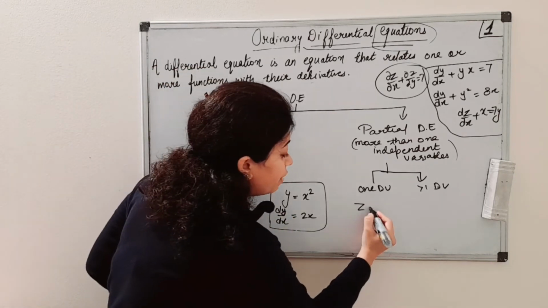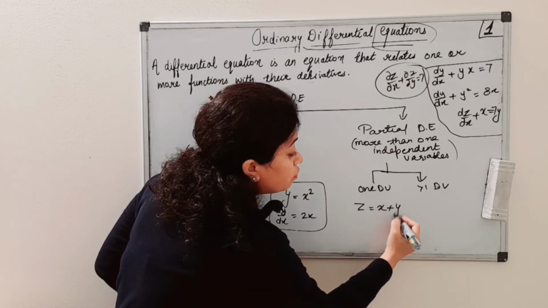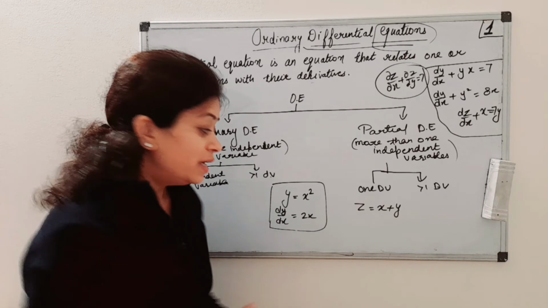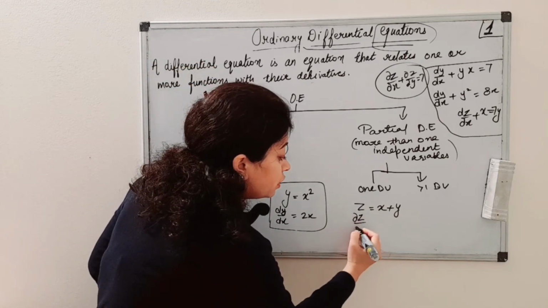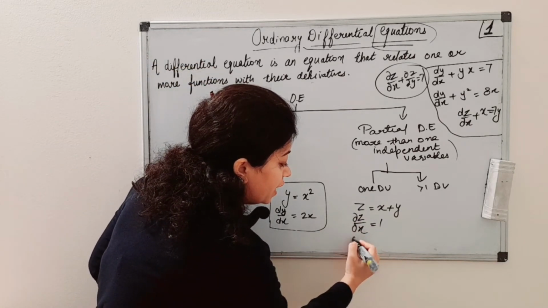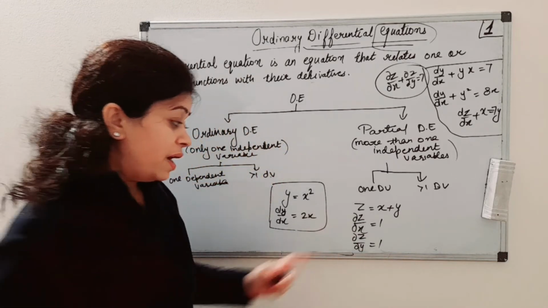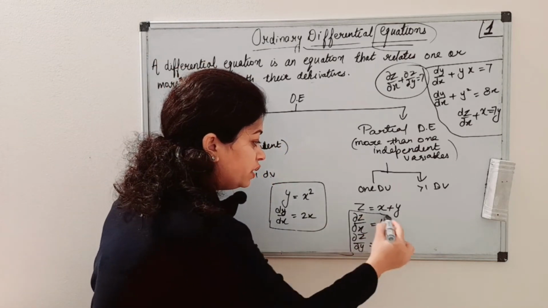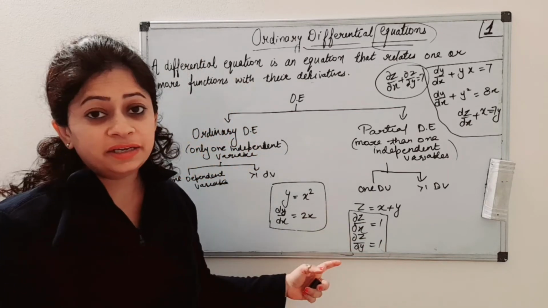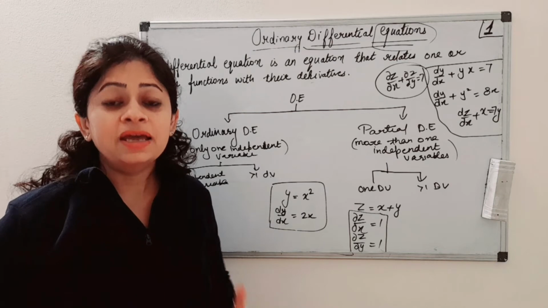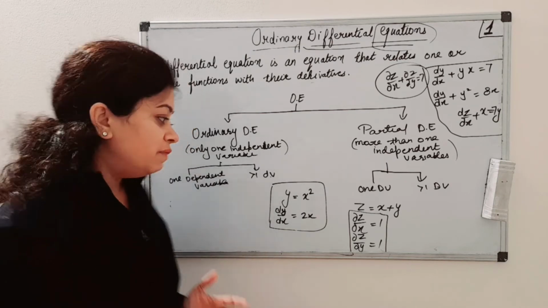And if we have more than one independent variable, z is dependent on x and y, then we find curly z by curly x and curly z by curly y also. So we find partial derivatives. Here we cannot write dz by dx, because that is not an ordinary derivative, that is a partial derivative.